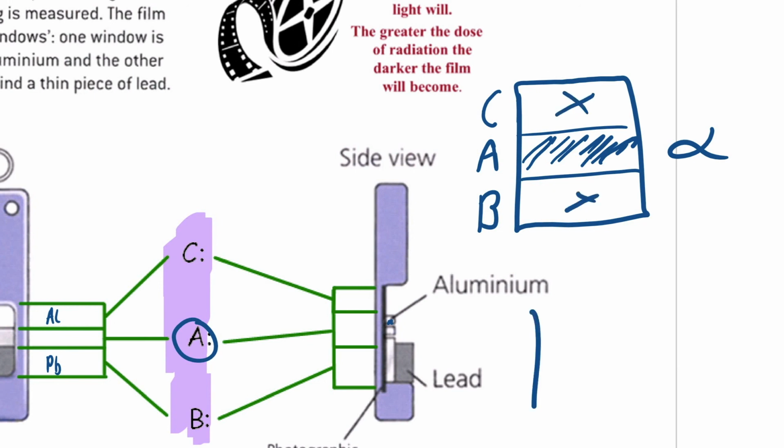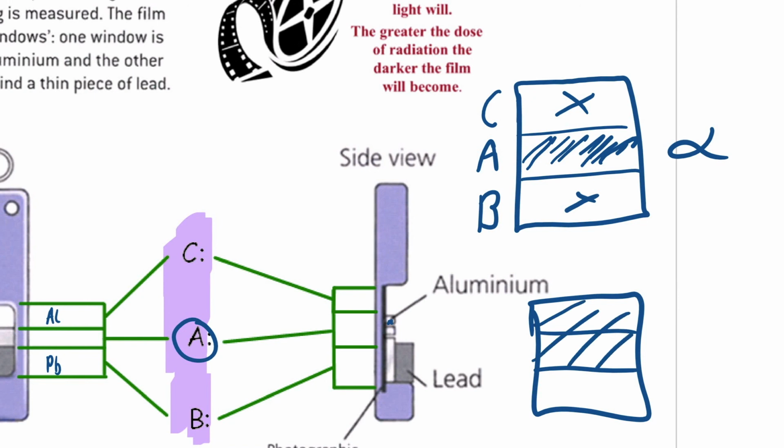If we had one that looked like this, where it's dark on A and B, then it would tell us that beta is getting through.